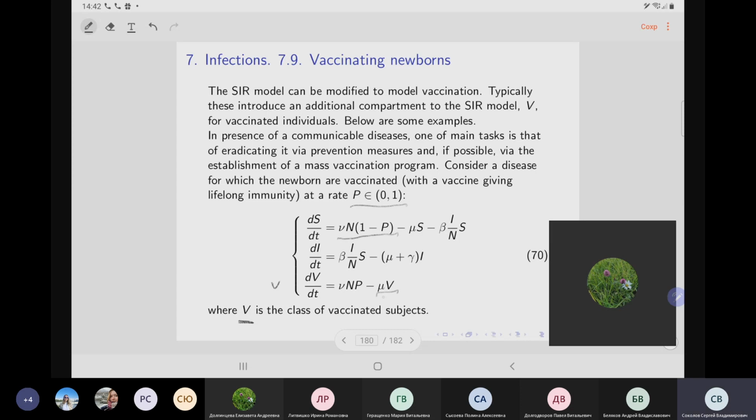Mu is our usual death rate, and beta is the rate of infection. And I think we have to add some recovered with rate gamma. If we want the sum of S, I, V, and R to be equal to 1, then we have to add an equation for recovered.